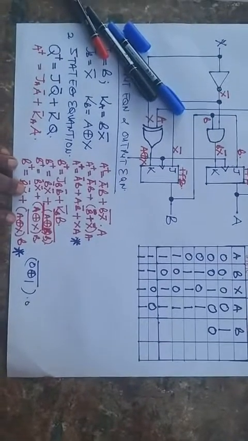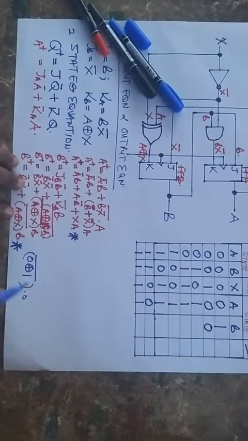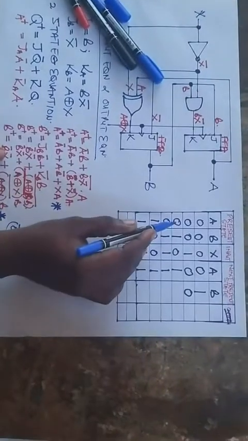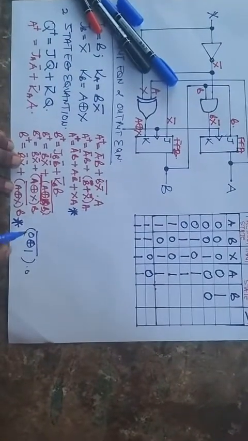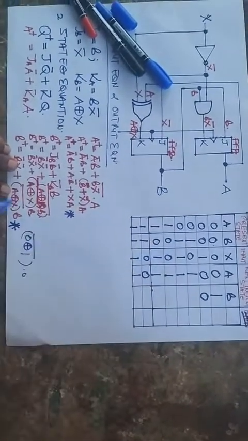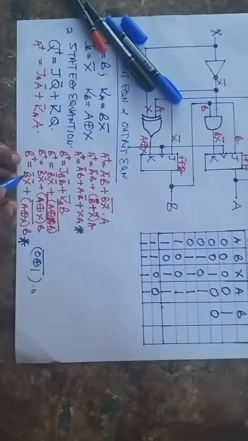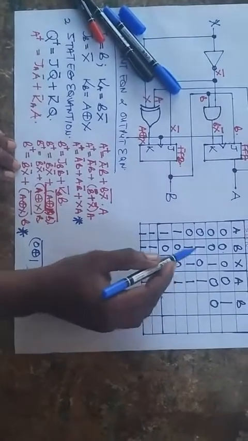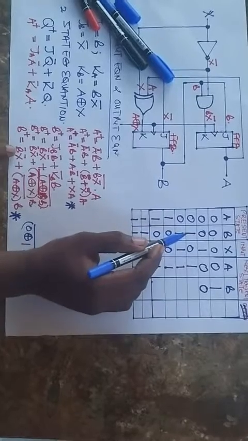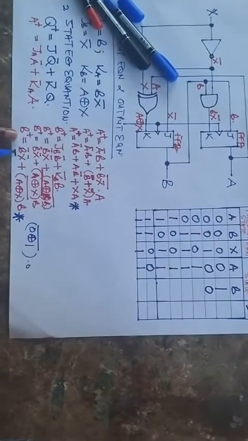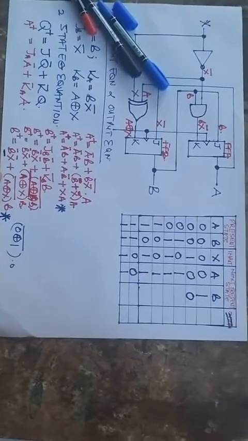Okay, now let's look at the next one. So here we have A, which is 0. Okay, B, no, yes, B bar is 0 here, so here will be 0. I'm not focusing here because the whole of here will be 0. Okay, so the focus is here. Now A is what? 0.